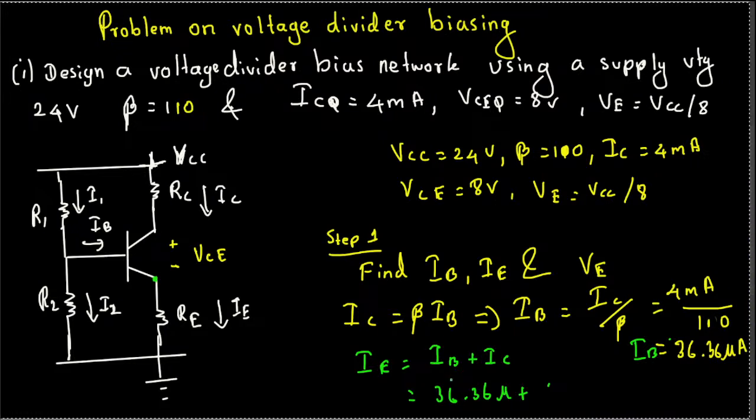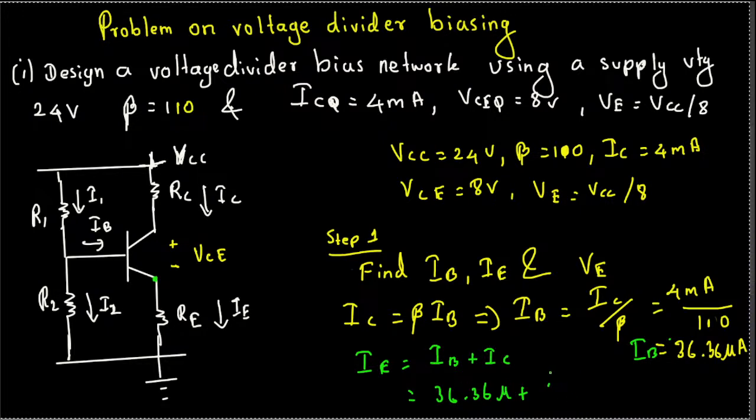I can make this one a milli, that will be easier. This one is equal to 0.036 milliampere, because we just divide this one by 1000 in order to make it a milli. So if you do that, then that will be easier.